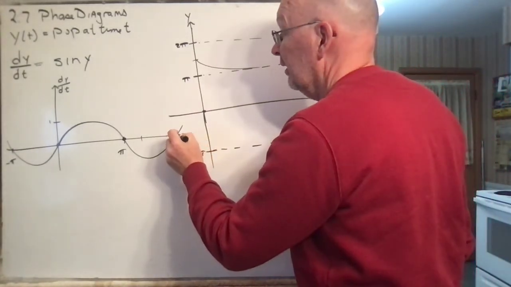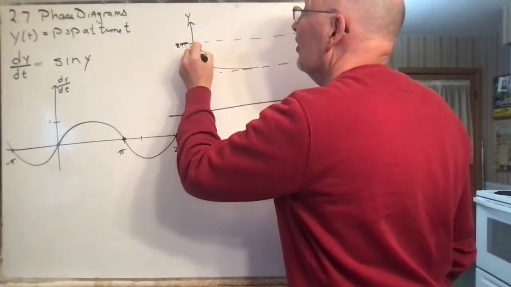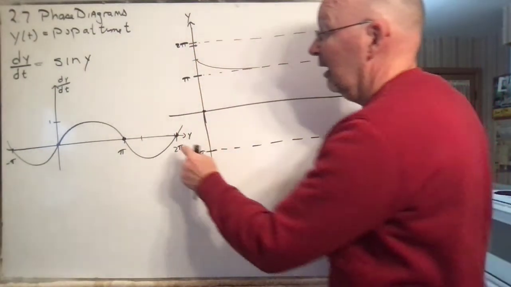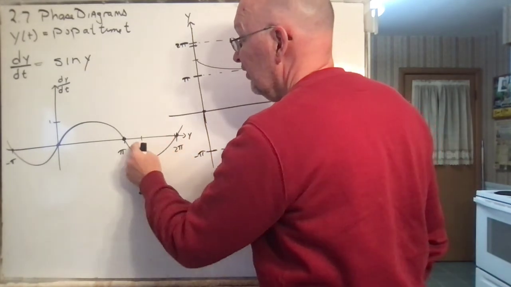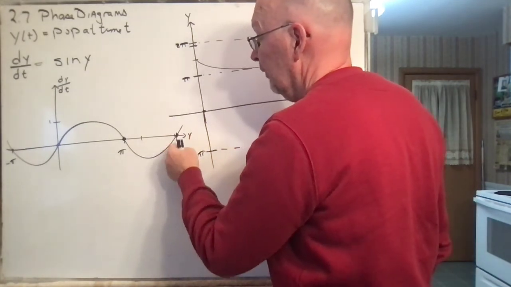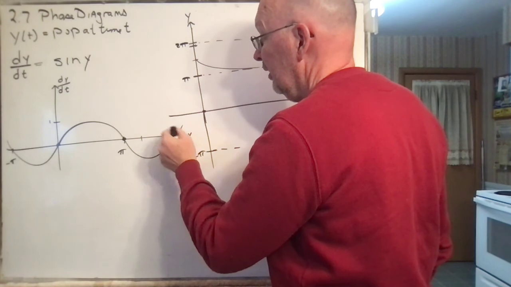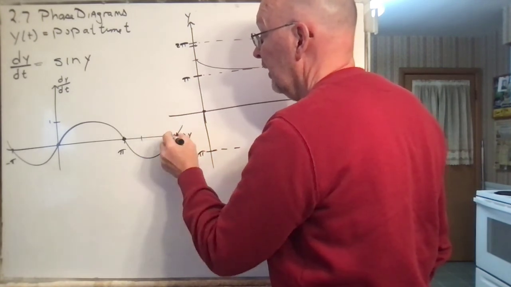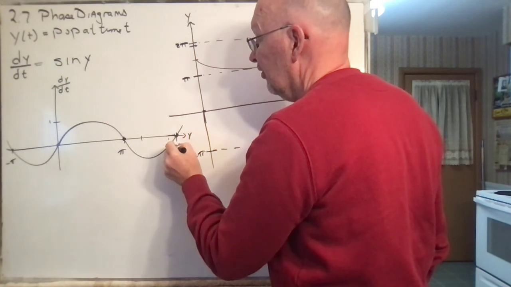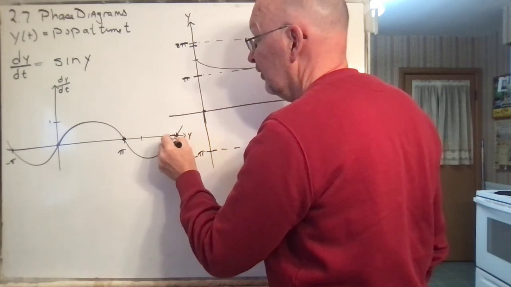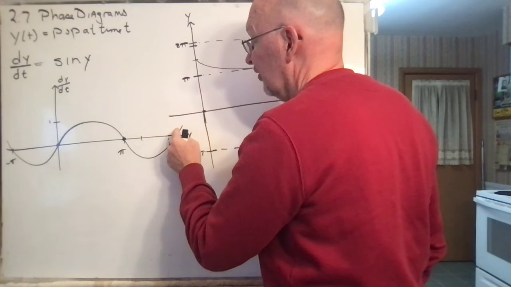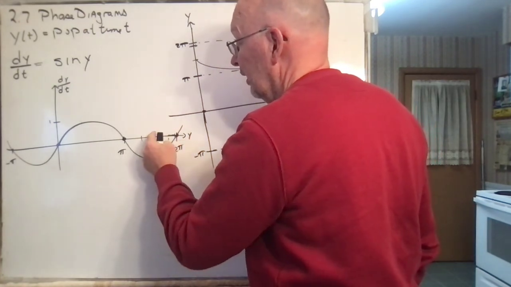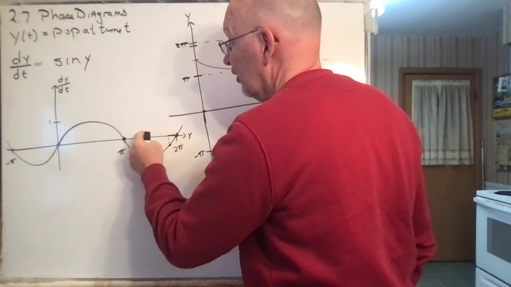What if I start right here, just a little bit under 2 pi? What's that going to look like? Well, notice that I'm decreasing because the derivative is negative, so I'm moving to the left. As I decrease, the graph tells me I have to decrease at a faster rate. So I start slow, decrease at a faster rate until I get right here, and now I keep decreasing, but at a slower rate.